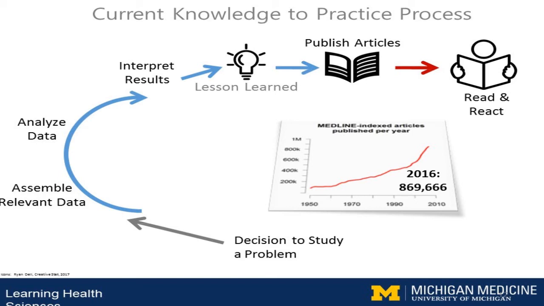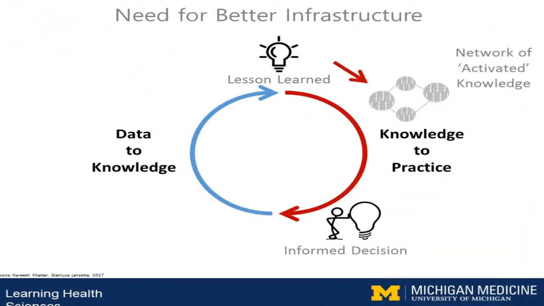This is the current state. We believe that a network system of activated knowledge is going to be necessary. That is to say that a learning health system won't be able to function effectively without it. We believe that once lessons are learned, a new type of system is needed to move knowledge through the system into practice. And so this is what we're working on.